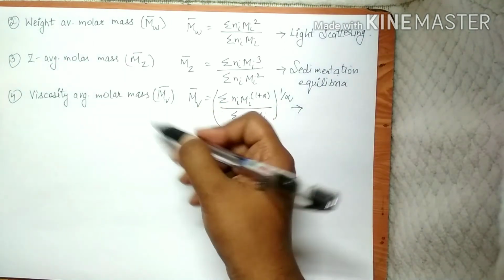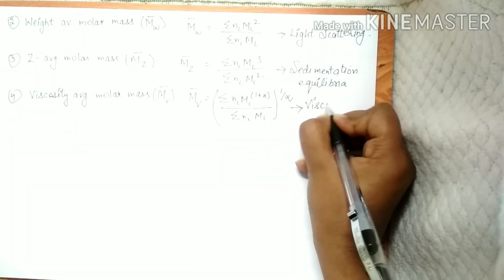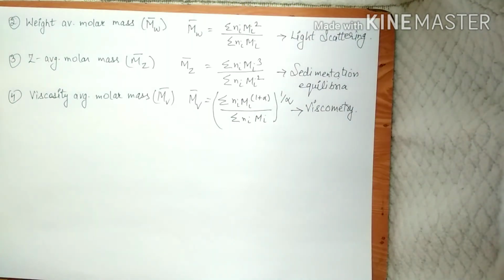Okay. The experimental method which is used to find out the value of Mv bar is viscometry. Okay, so these are the 4 important formulas which we can memorize. Okay, so now we'll move on to the next topic.